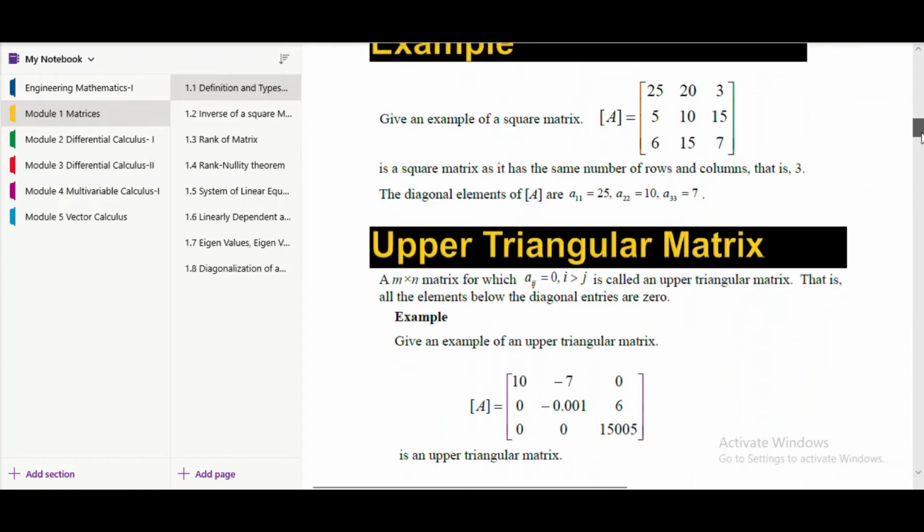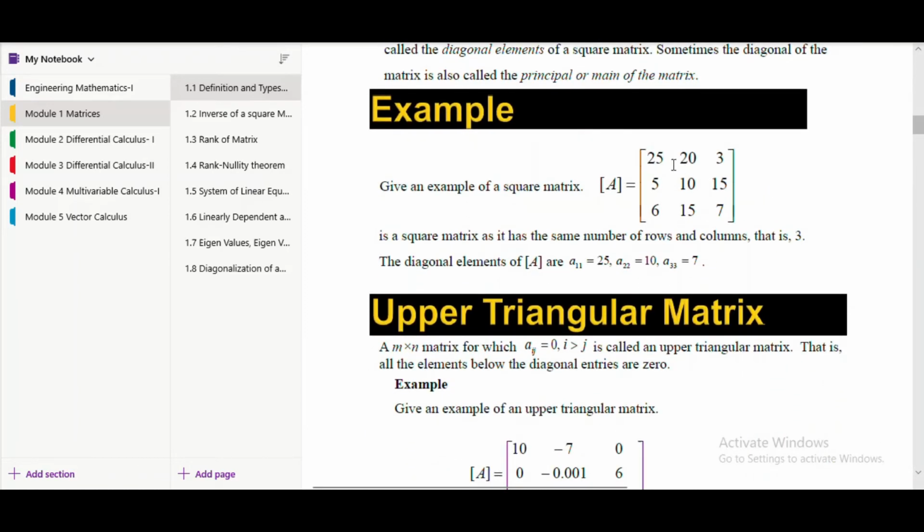For example, A is equal to 25, 23, 5, 10, 15, 6, 15, 7. Here we see that there are 3 rows and 3 columns, so the number of rows and columns in matrix A are equal. So this will be treated as a square matrix, and the diagonal entries are 25, 10 and 7. So 25 is the A11 element, 10 is the A22 element, and 7 is the A33 element.